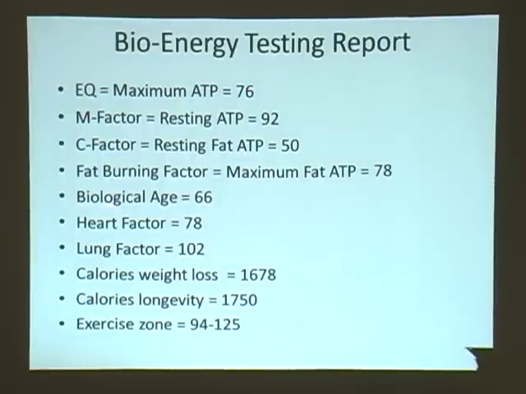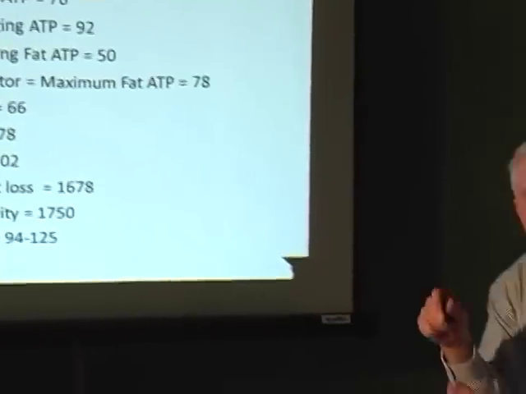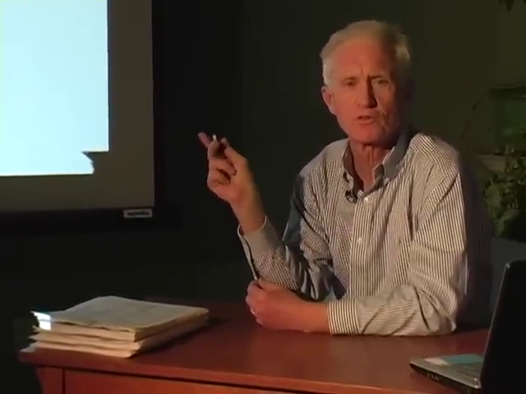What biological age is: the computer looks at these numbers here, adds them up, and kind of takes an average and quantifies them. And then it finds the age bracket that most typically would show up with those numbers in healthy individuals. And then it uses that age bracket to define the biological age.